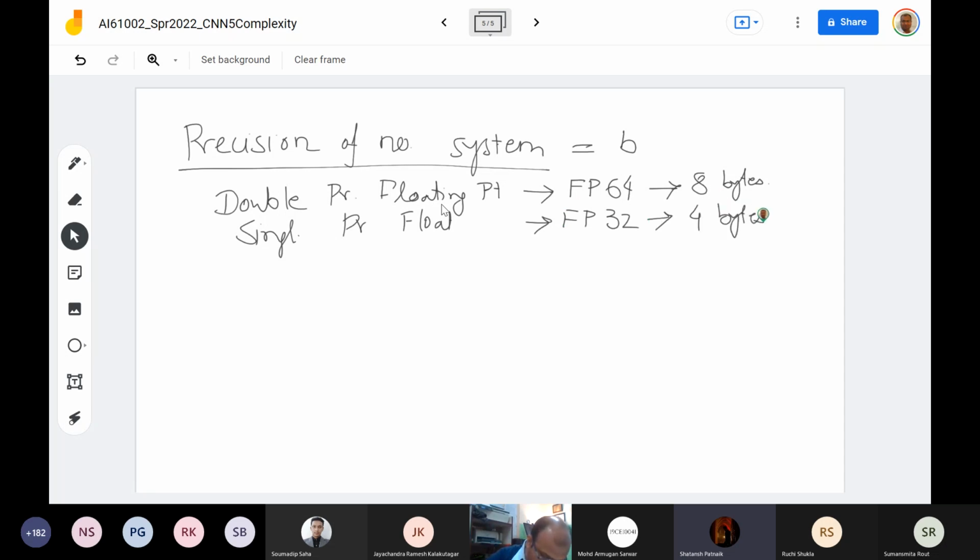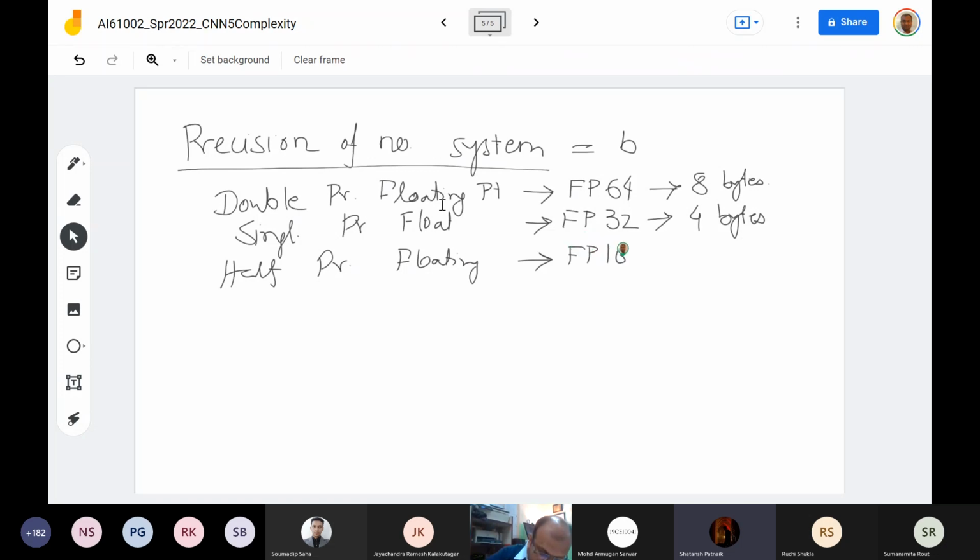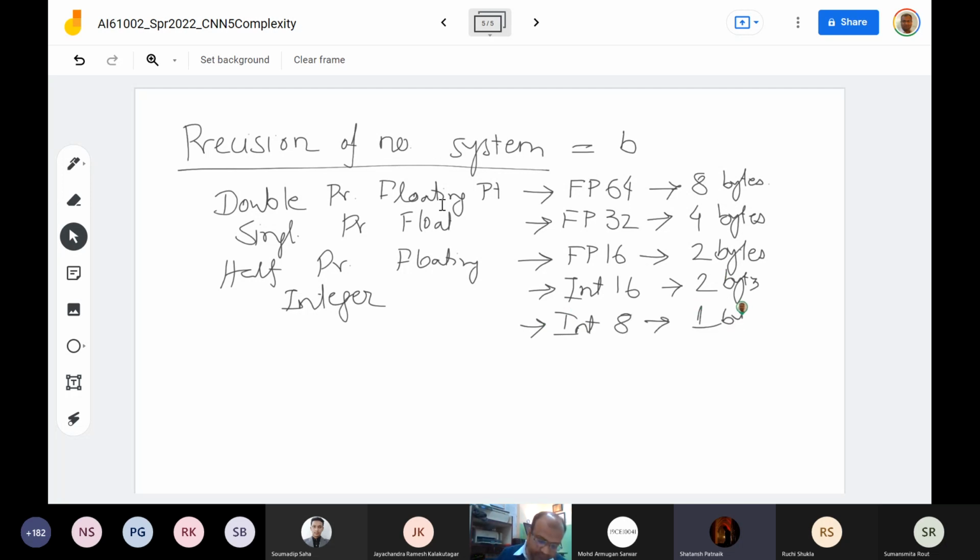If I'm doing in half precision floating point, then it is FP16, which is 2 bytes. Then I can have it in integer. So integer can be int 16, then also it will be 2 bytes, or it can be int 8, and then it is 1 byte. Okay.